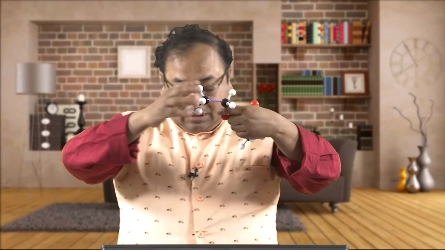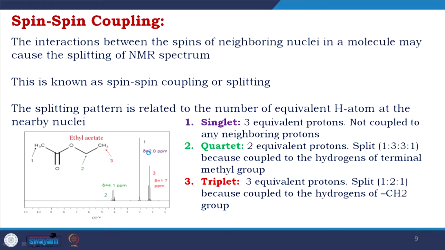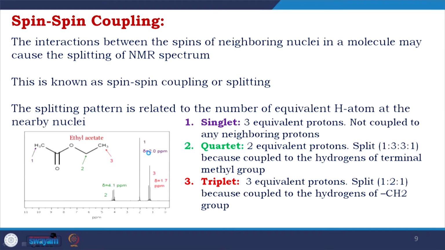This will give a triplet, 3 equivalent protons. So, because they have 2 neighbors, they will give a triplet with 1:2:1 because coupled to the hydrogens of the CH2 group.